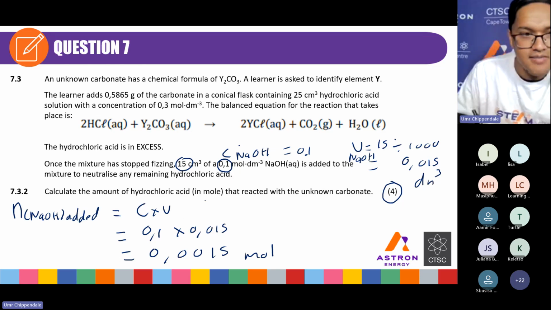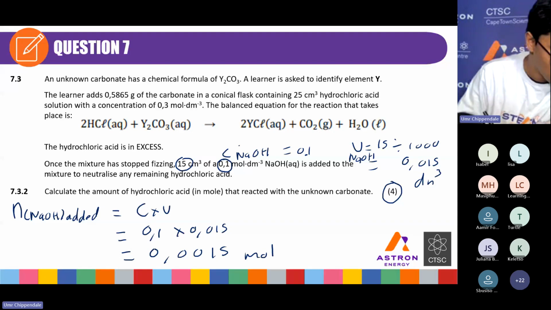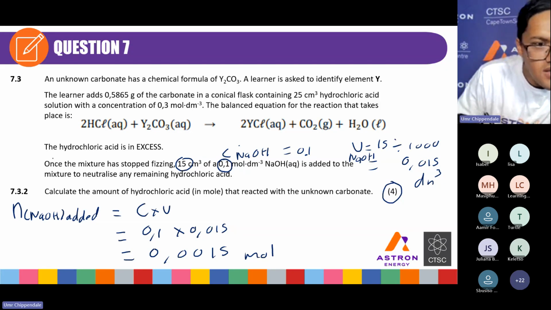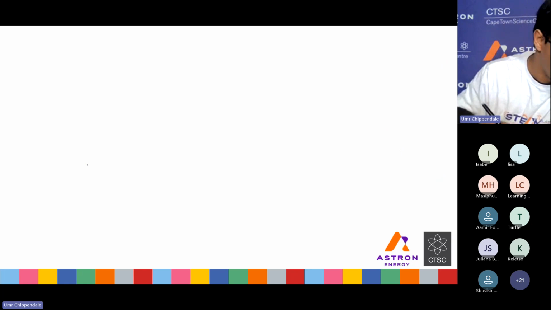Now, this is the amount of moles that was added of your NaOH. And now we're going to look at this over here. We want to see, okay, what is left? Here they say once the mixture has stopped fizzing, then this NaOH was added to neutralize any of the remaining hydrochloric acid. So that means this is a 1-to-1 ratio.